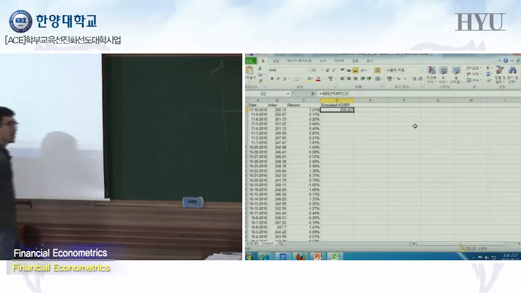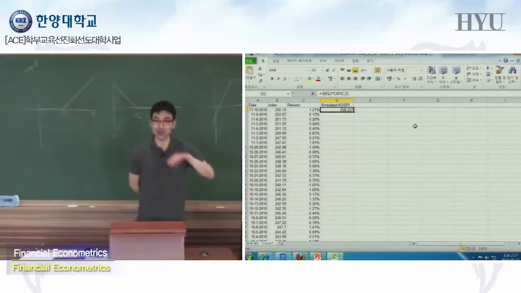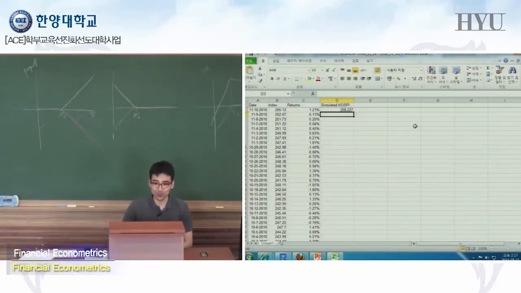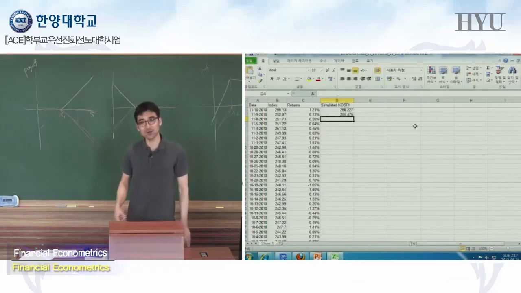And if what happened the day before yesterday happened again tomorrow, then the stock price would be, since today's closing price is 255, this multiplied by the exponential of this one, right? This is the second scenario.